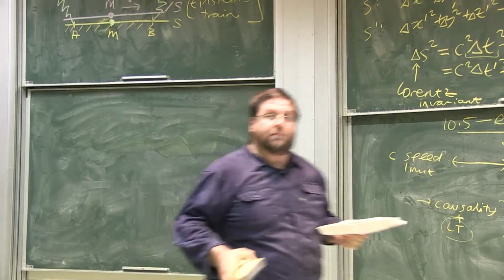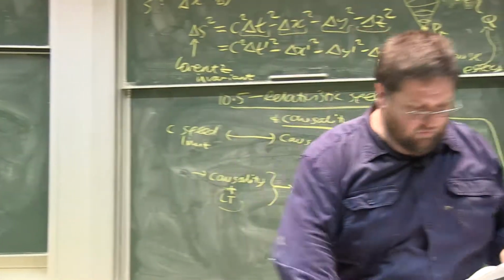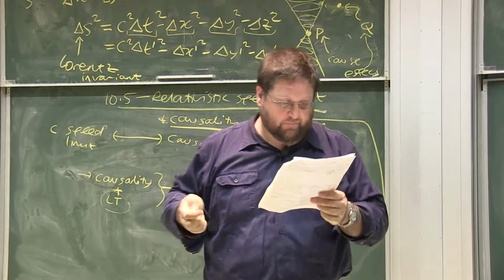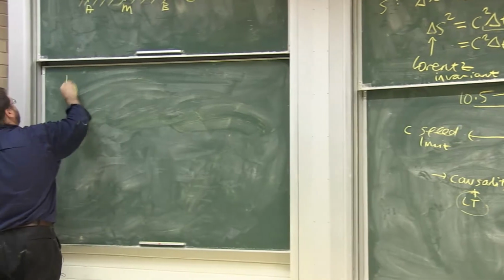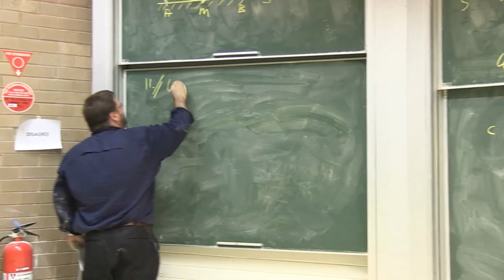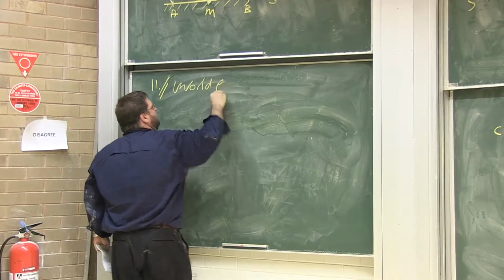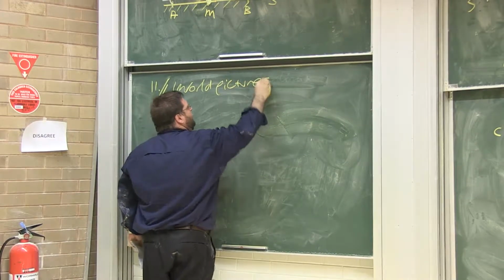I now want to move on to chapter 4, which is called Relativistic Kinematics. So section 11, which is called World Pictures and World Maps.